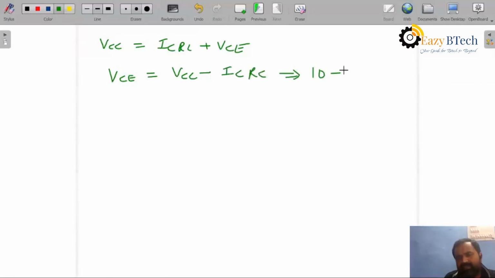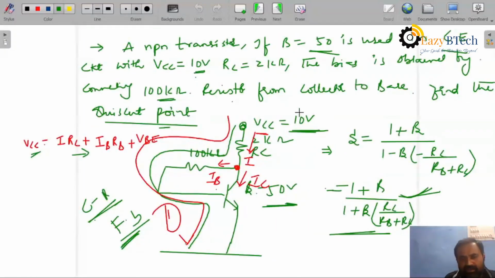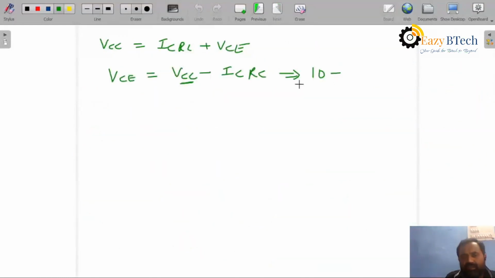Okay, 10 minus IC value, 2.35 into 10 power minus 3 into RC, 2 into 10 power 3.